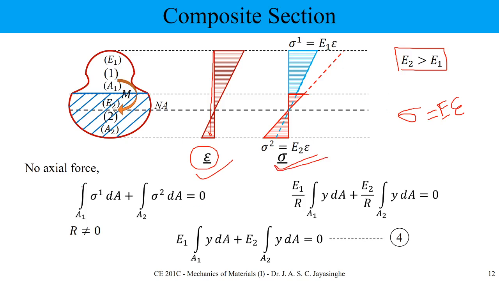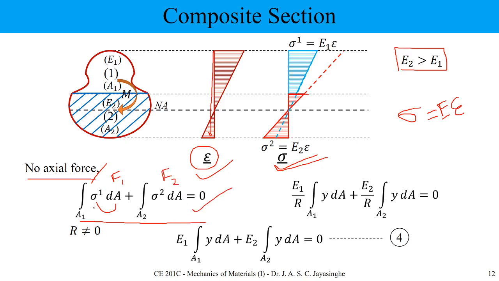Now, in a similar fashion to simple bending formulation, we first think that in this system we can see only bending moment, there is no axial force. Because of that we can write this equilibrium equation: stress into area gives force F1 for area 1 and F2 for area 2, and the sum should be equal to 0.